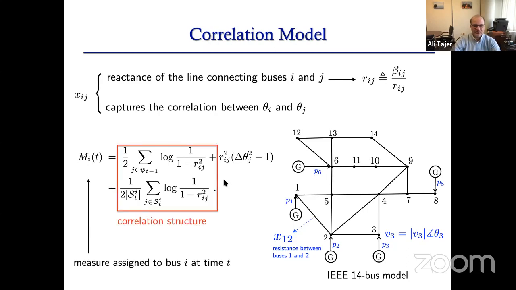There is one part of the index MI that captures the correlation structure. There's a second part that is driven by the data, which is the data of the phase angles. And based on that, we start collecting the data. Whatever node is giving us the highest information content at time t, that is the node or the bus that we will sample at time t.